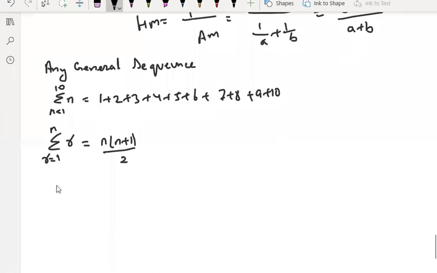In the same way, summation of r squared, r is equal to 1 to n, is equal to n into n plus 1 into 2n plus 1 by 6.